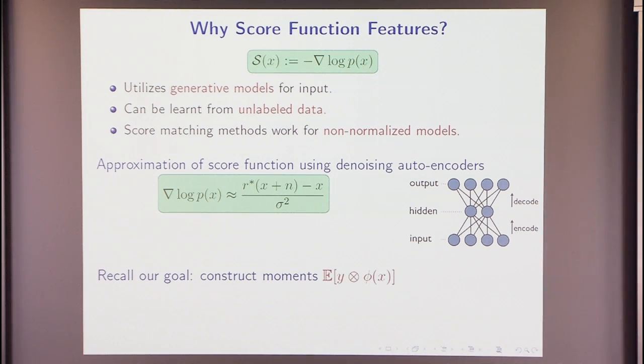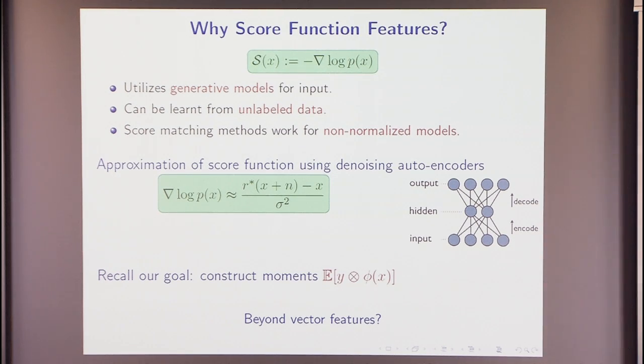So one option is to incorporate these score functions as the transformations to construct the cross moments. We can use this score function feature instead of directly the input to find the cross moment between the label and this score function feature. But what is the drawback? Typically we can think of x as a vector, so we have vector inputs.